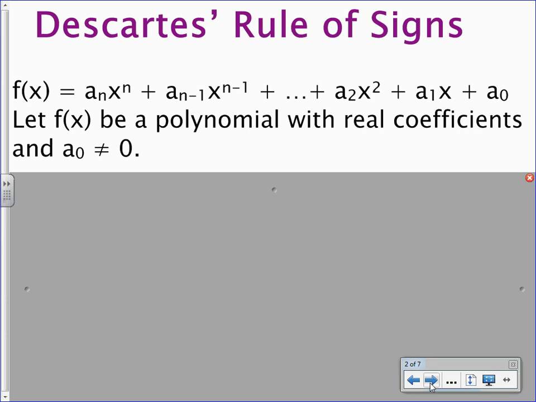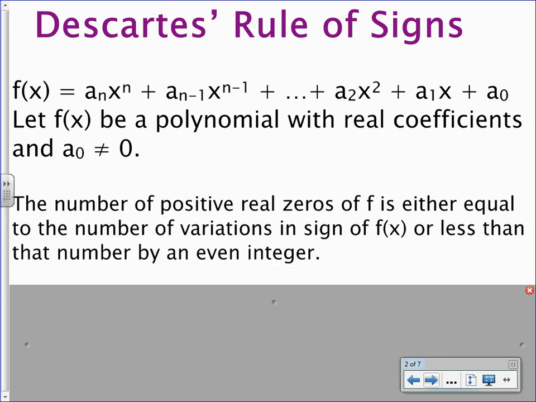So we're going to have two things we're going to look at. Descartes' rule of signs is going to tell us what we know about how many negative zeros we're going to have, how many positive zeros we're going to have. And these are obviously talking about real zeros.